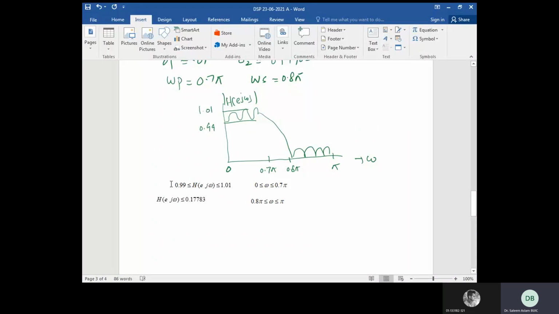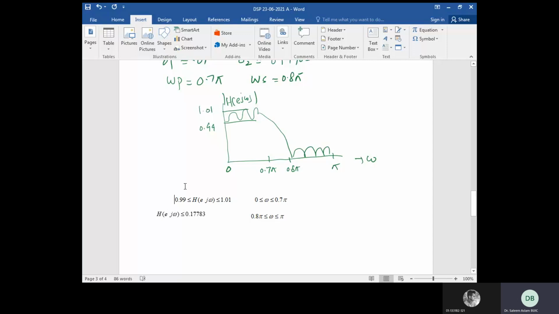So these are the filter specs. If anyone comes to you, he or she will come up with these filter specs, or come up with this sort of diagram in front of you. So that is basically a blueprint for you to design your low pass filter.